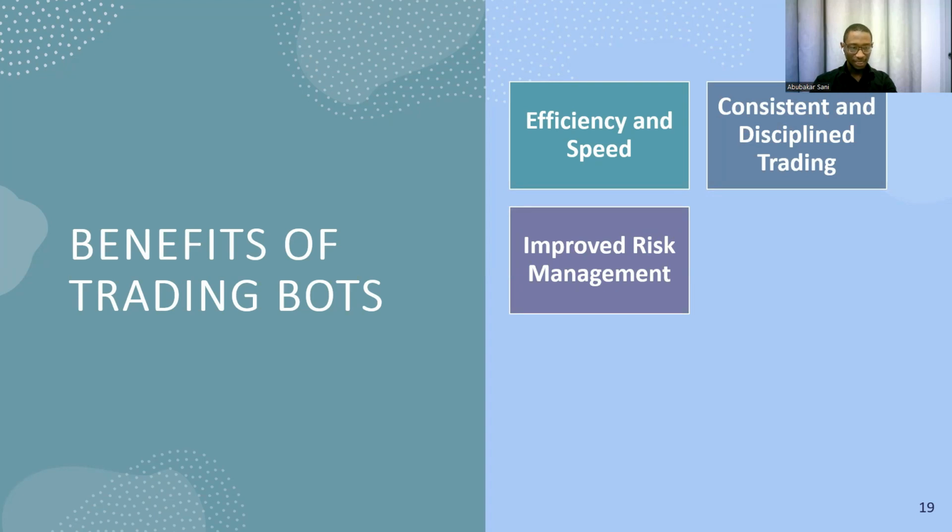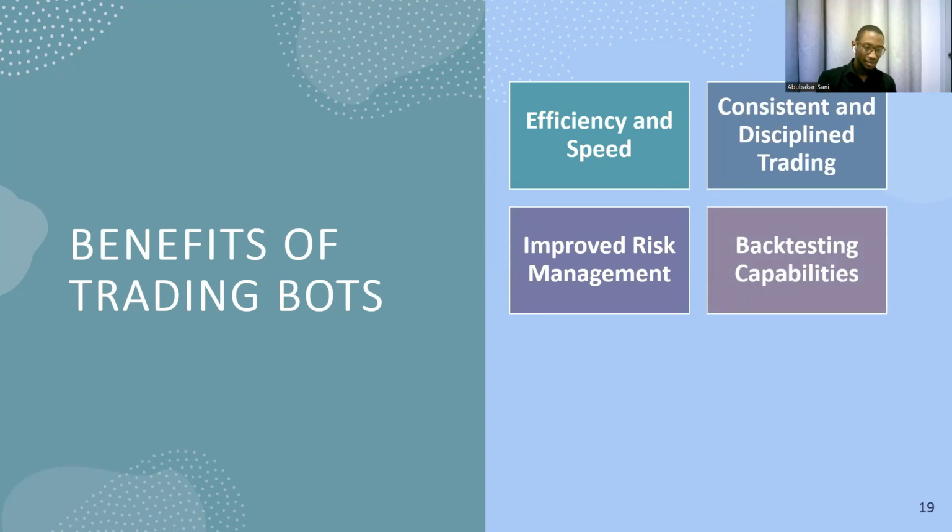You have backtesting capabilities. This means that if you have your bots, you can test them out on history. Humans cannot go back in time, but these bots can. If you have historical data, we know what the prices are, we know what happened. We have news articles from maybe the past 1 year.